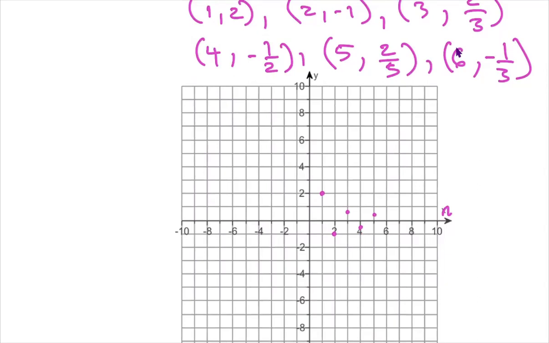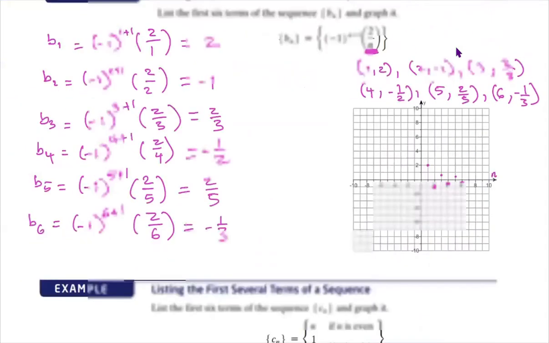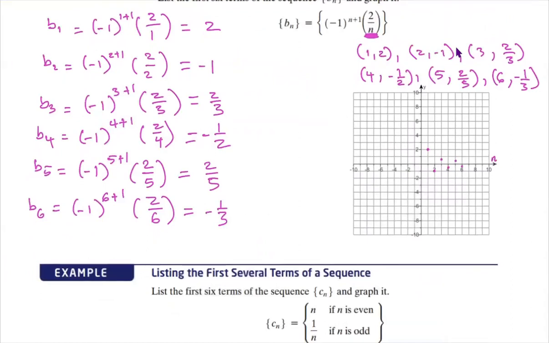And then (6, -1/3) will be somewhere here. So that would be the graph for this series.